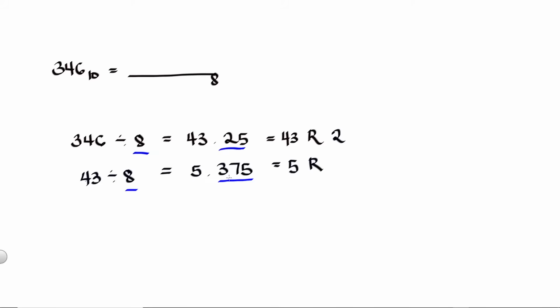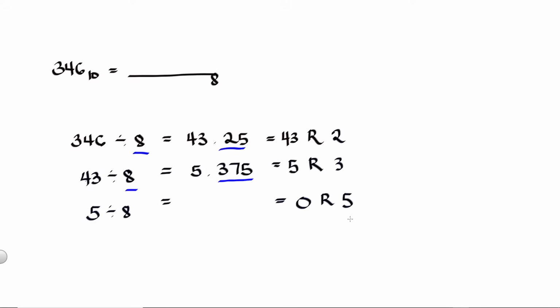So 0.375 multiplied by 8 is equal to 3. So we have 5 remainder 3. Then we take 5 and divide it by 8. Since 5 is less than 8, the answer is 0 and remainder 5.